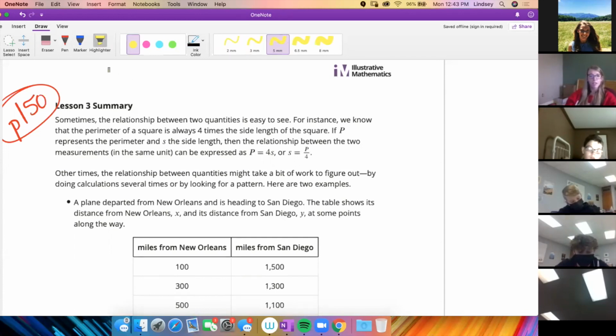Sometimes the relationship between two quantities is easy to see.